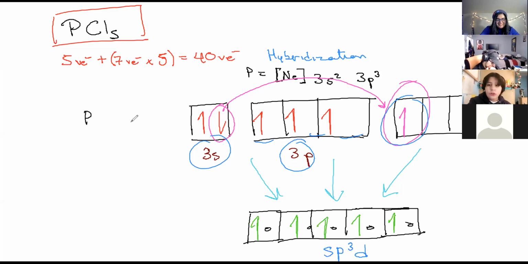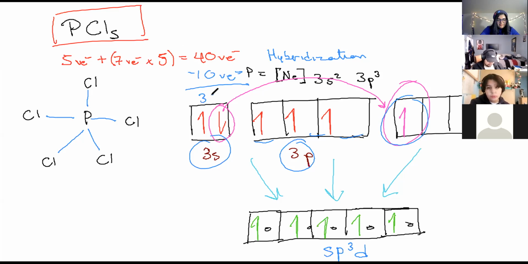We know phosphorus is going to be our central atom, and then we make our skeleton: 1, 2, 3, 4, 5. Where do we put the rest of the valence electrons? We've already used 5 bonds, so that's 10 valence electrons used.